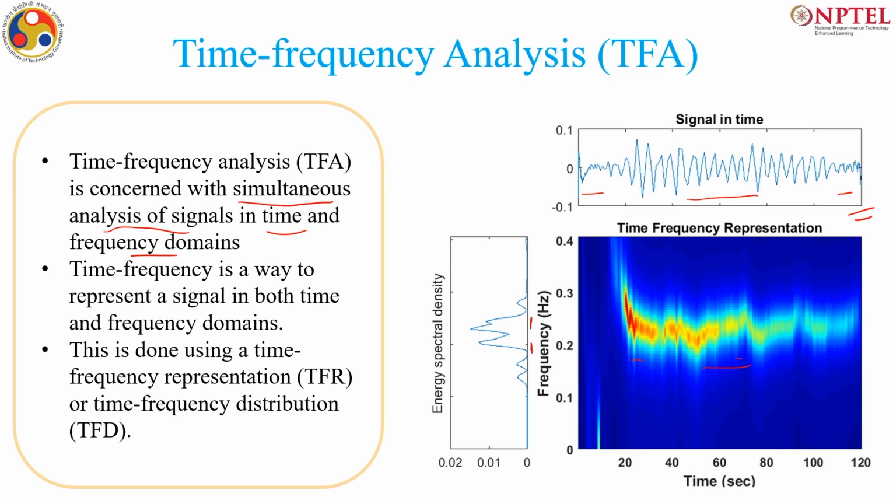So, this two dimensional representation shows how the signal is behaving with respect to both time and frequency, and the color map is giving the amplitude of that specific frequency at a specified window in time. Why I say window, that will be clear soon. So, this is a way to represent a signal in both time and frequency simultaneously, and this plot is often called a time frequency representation TFR or time frequency distribution TFD.